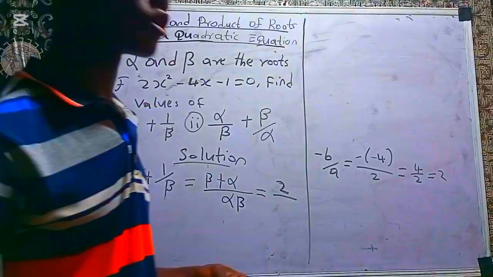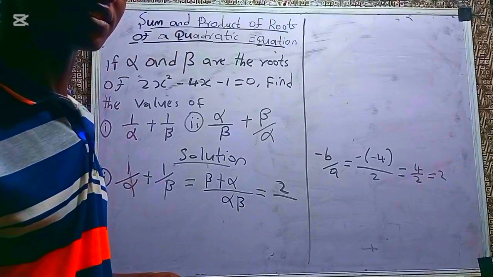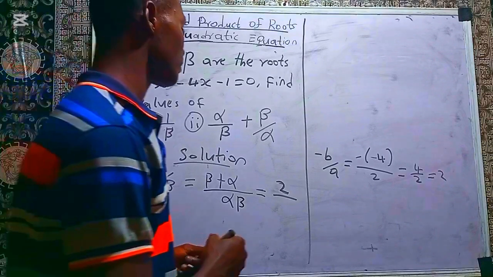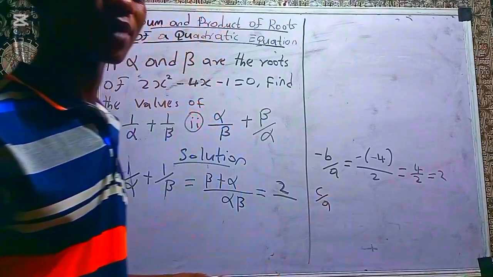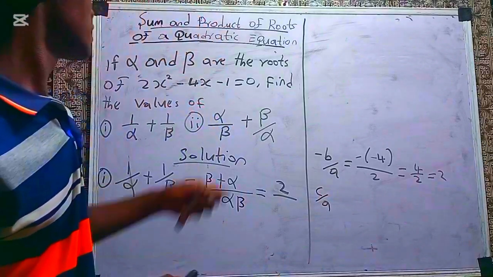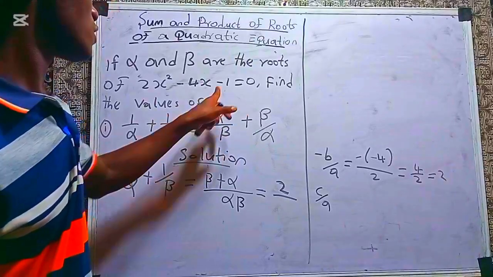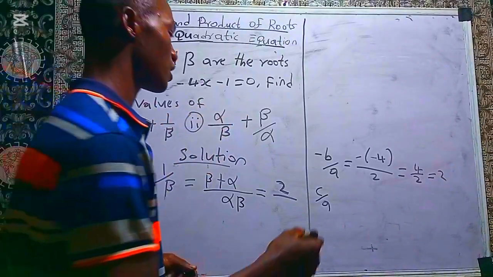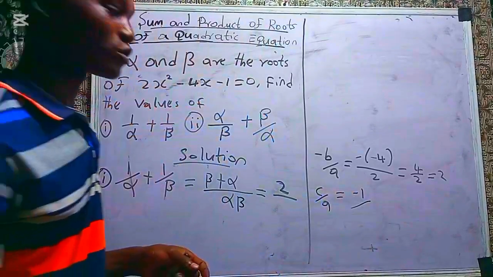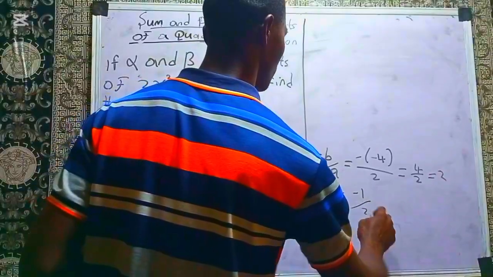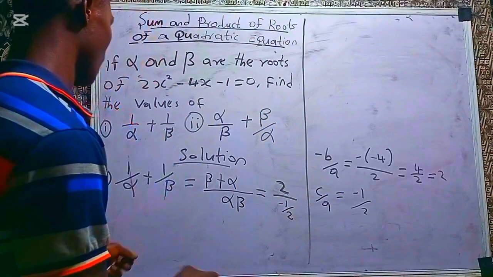The next thing we are going to get is the product of roots. Product of roots is given by c divided by a. C is the constant, while a is the coefficient of x squared. So what's the constant here? The constant here is negative 1. So you now have negative 1 divided by the coefficient of x squared, which is 2. So here you now have negative 1 divided by 2.